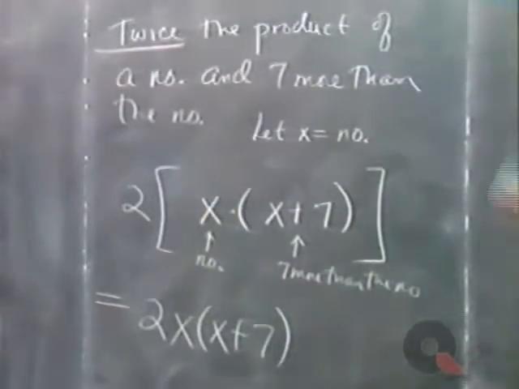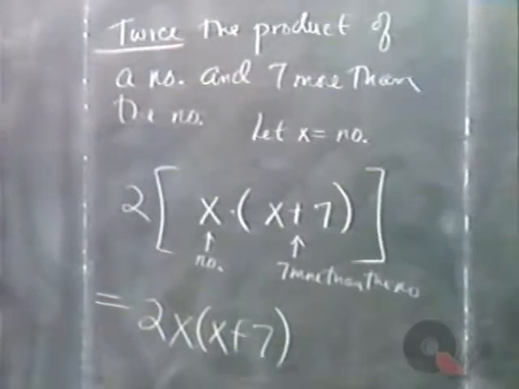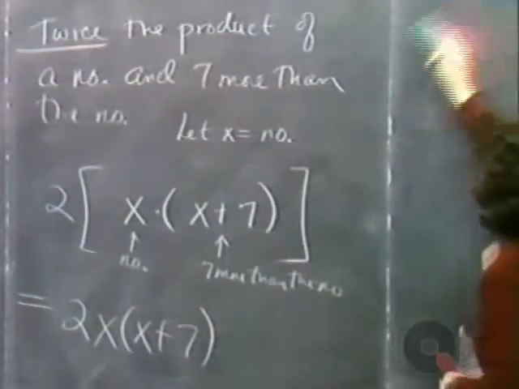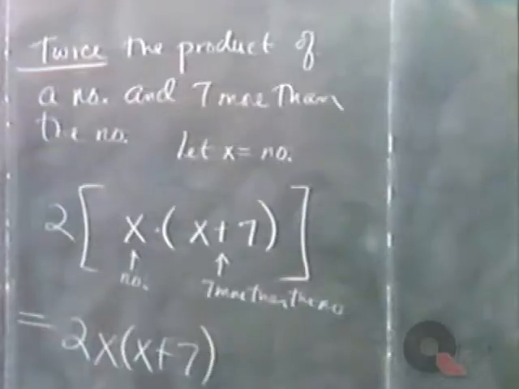Okay, now let's move on and try to translate a whole sentence into algebra. And this is going to give us an equation, and we'll try to solve that equation.